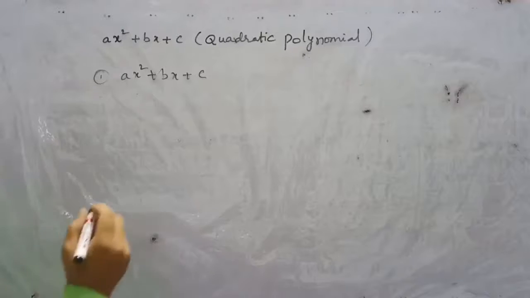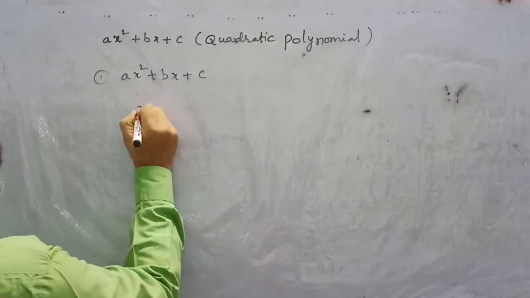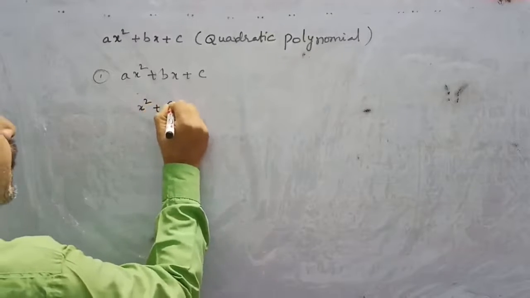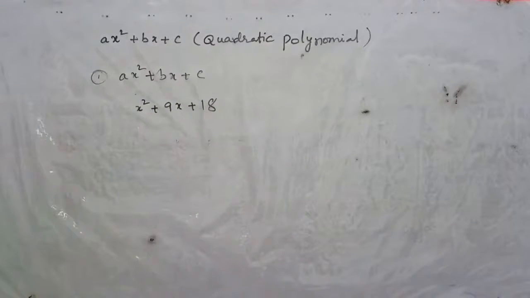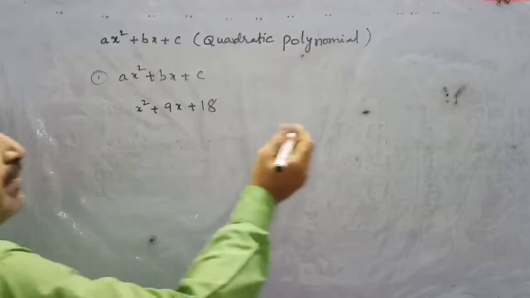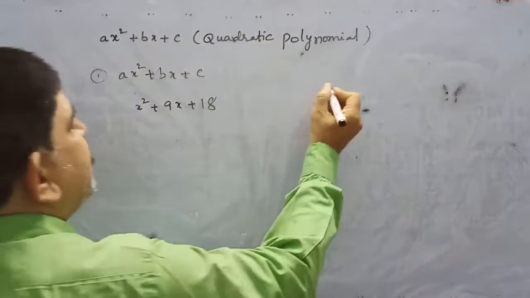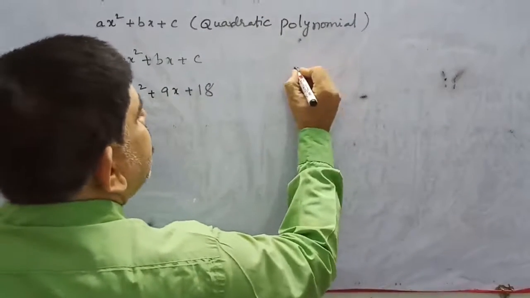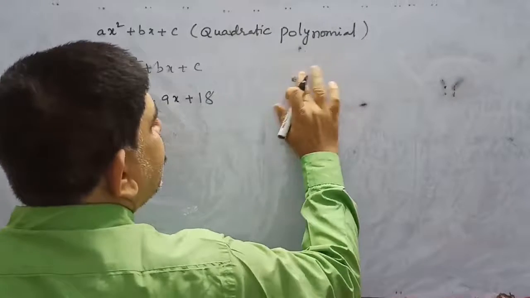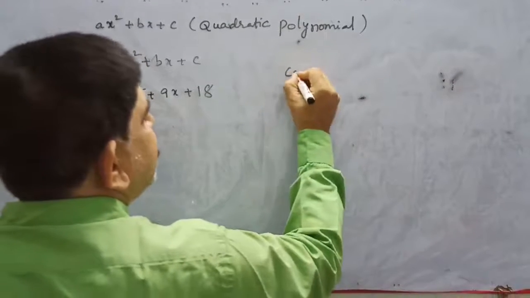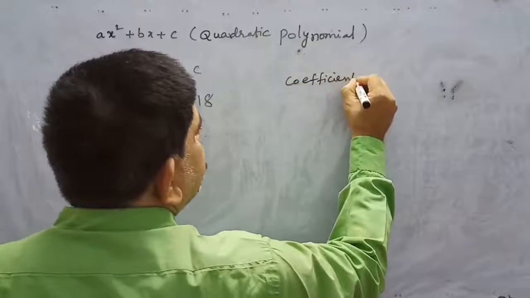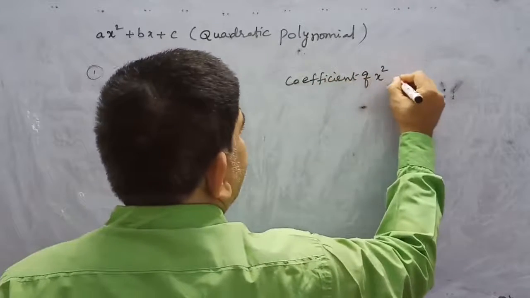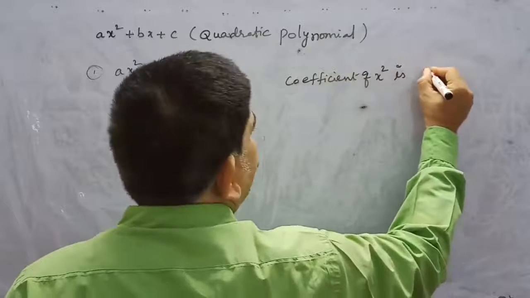Now see the first question. Suppose x square plus 9x plus 18. What are our conditions? First one, the coefficient of x square. We know that we have to write the coefficient of x square first. Coefficient of x square is 1.